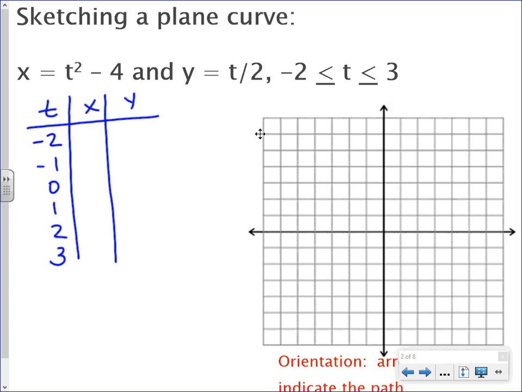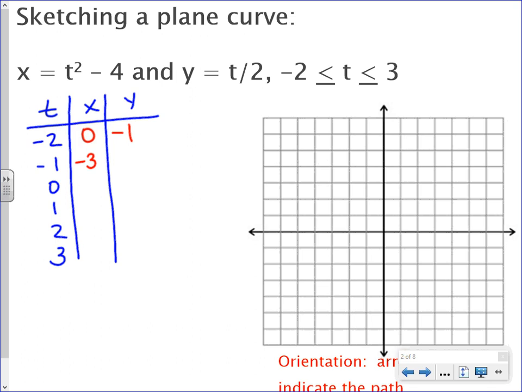If we plug in -2 into our x equation, what is our x value? 0. And in our y equation, -1. Okay. -1, if we plug that into our x equation, -1 squared minus 4 would give us -3.